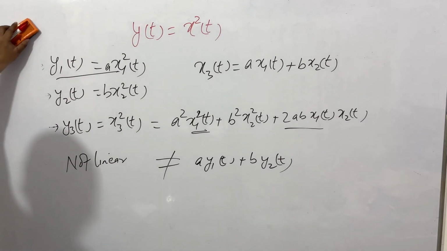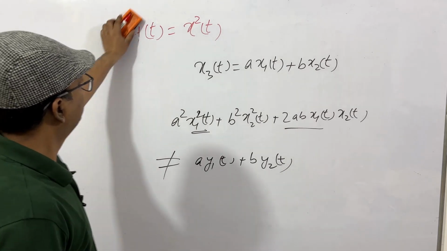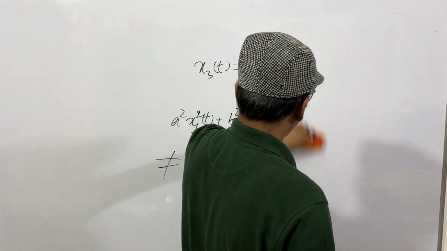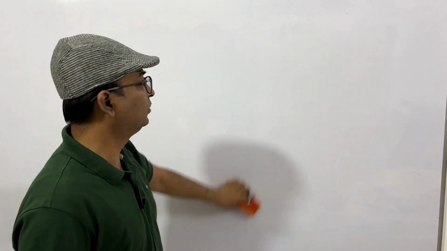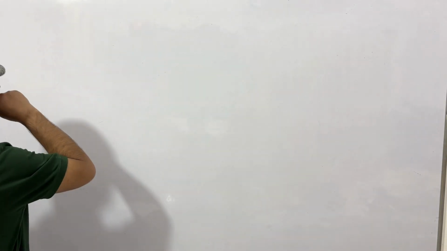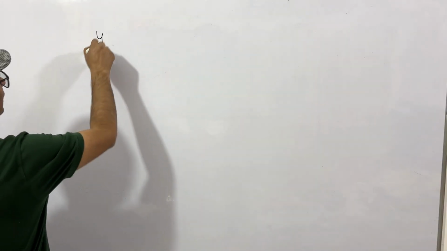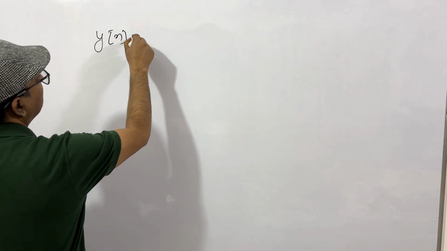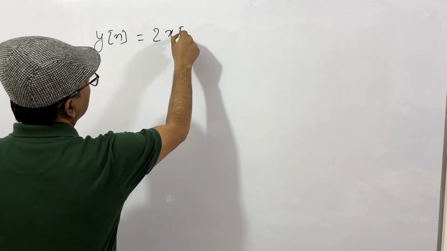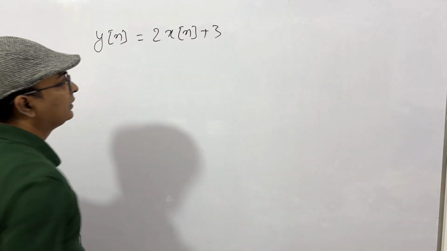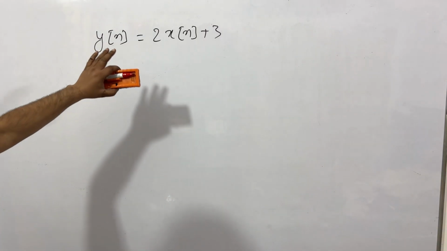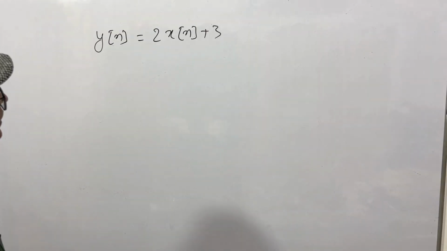Let's see one more example, very interesting example, and then we'll solve more complex problems. One more simple example, but very interesting. y(n) is equal to 2x(n) plus 3. Is the system linear? Now, just looking at it, the very obvious observation that we can make is the system seems to be linear.